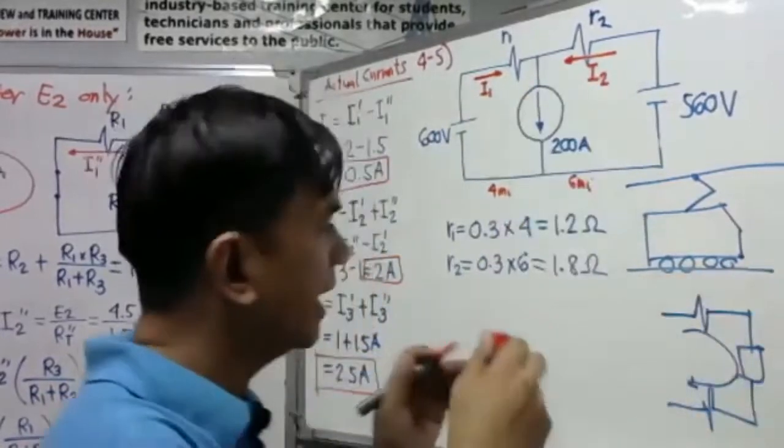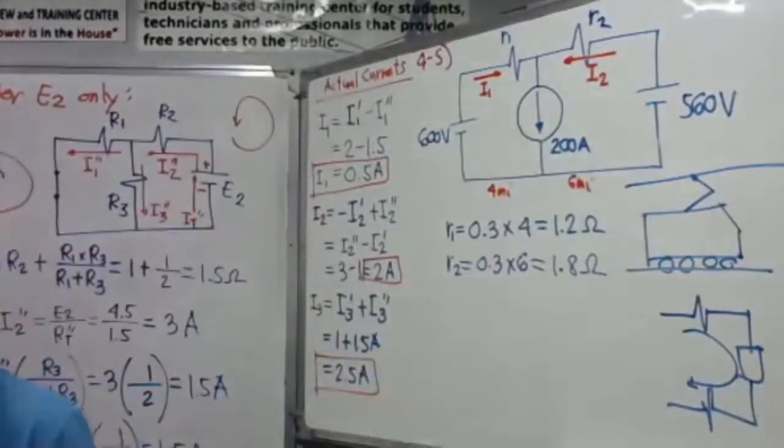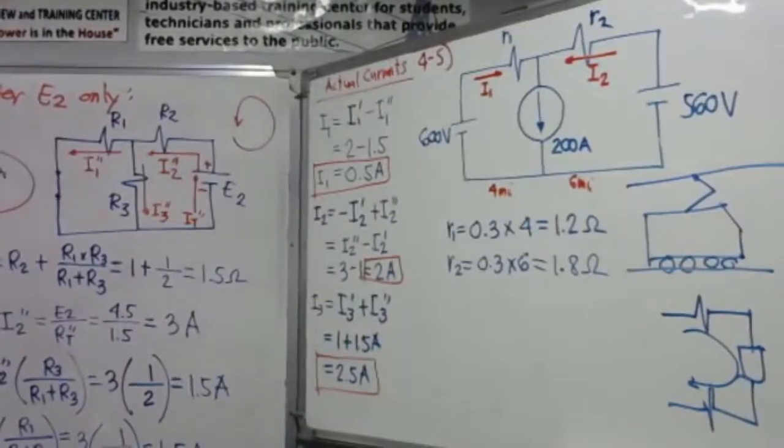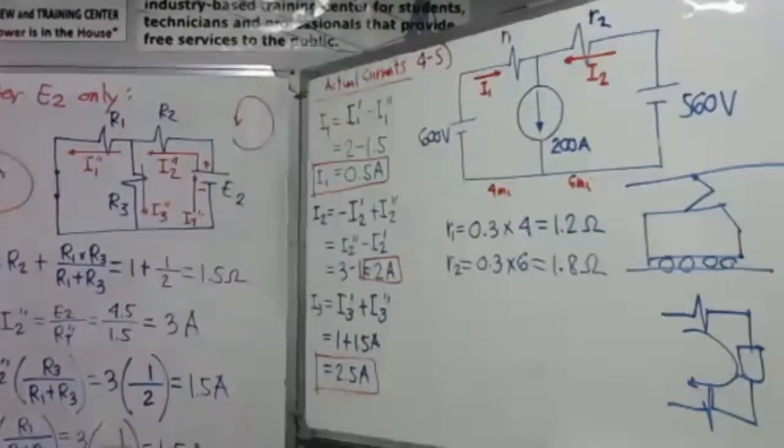Just to explain the principle of superposition theorem, so that you will know the principle if there is an independent current source. I already showed you if you have an independent voltage source.